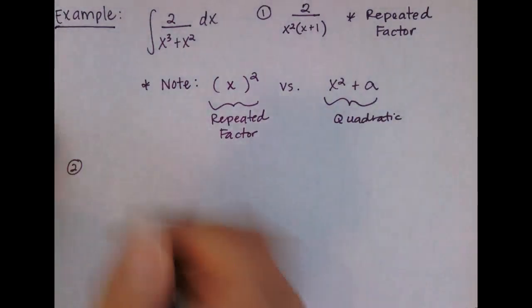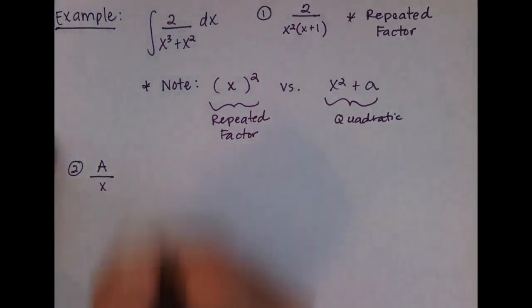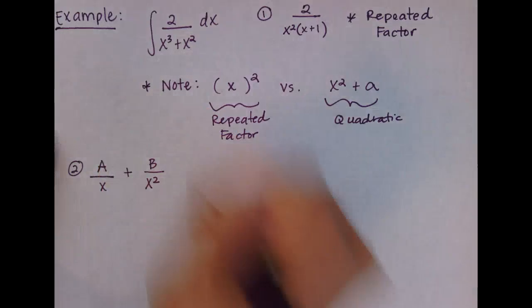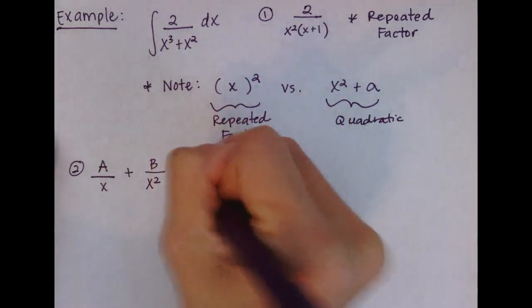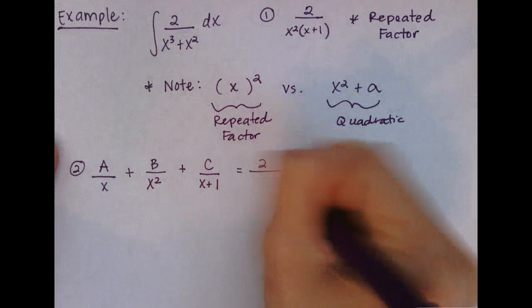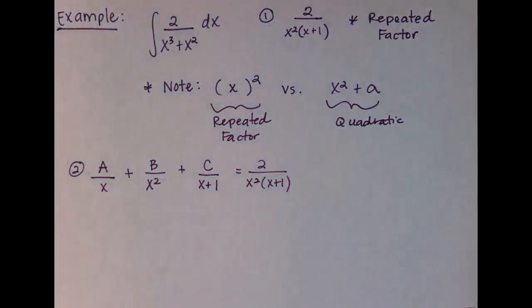So when I write out my partial fraction decomposition, I'll have a over x plus b over x squared plus c over x plus 1. Don't forget to set it equal to the original fraction.